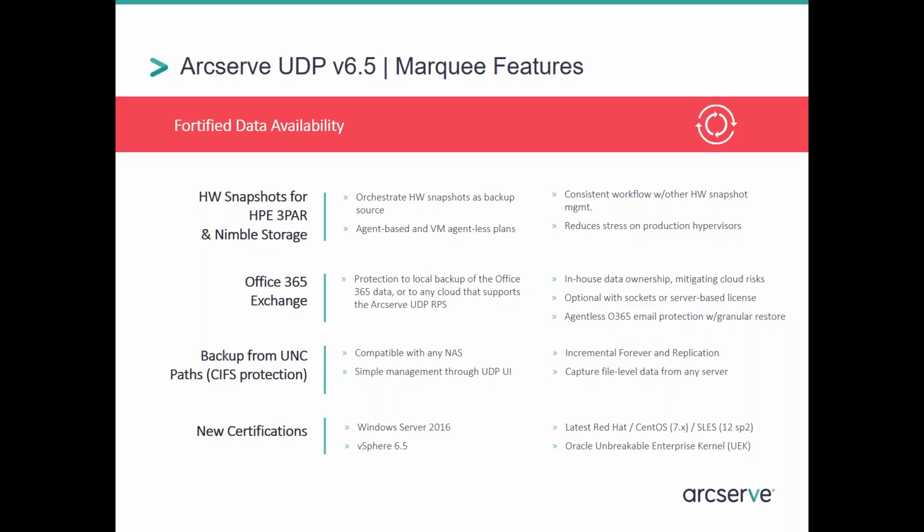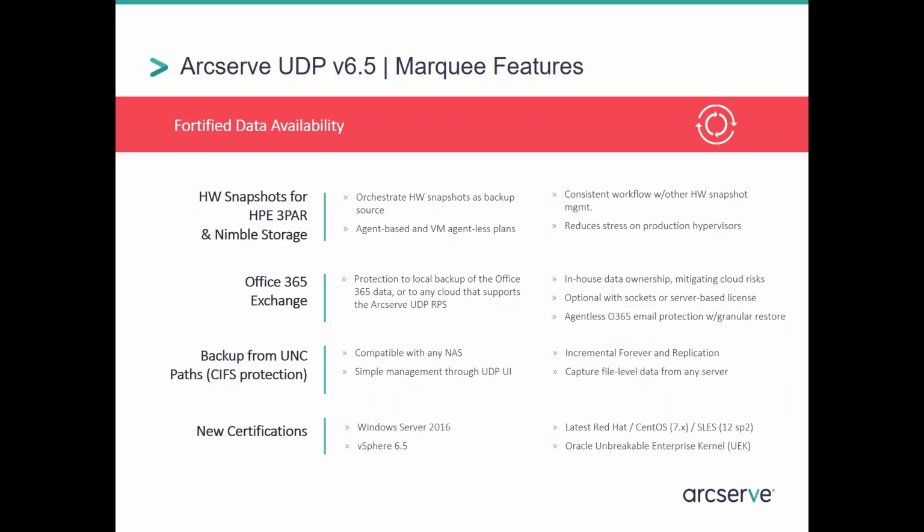We've also introduced new certifications, Windows Server 2016, so we can actually run UDP, all the components on a Windows Server 2016 environment, and also protect Windows Server 2016 environments too. We've also certified vSphere 6.5 from VMware, which is something that is very important to our customers, so that's all been taken care of.